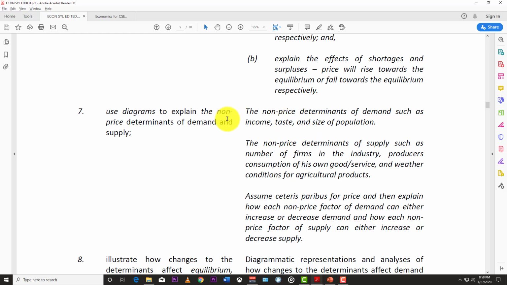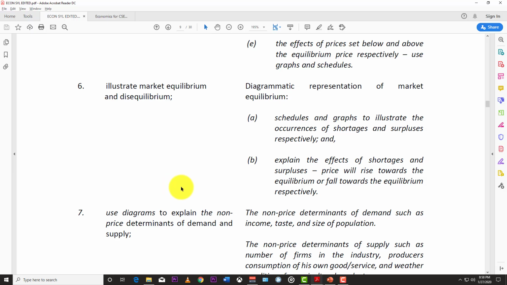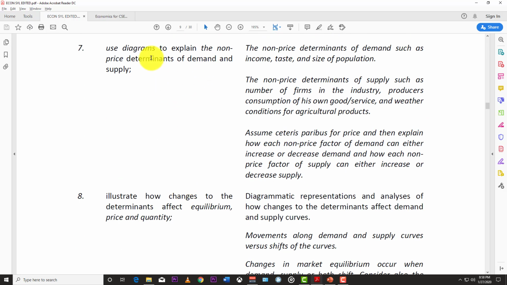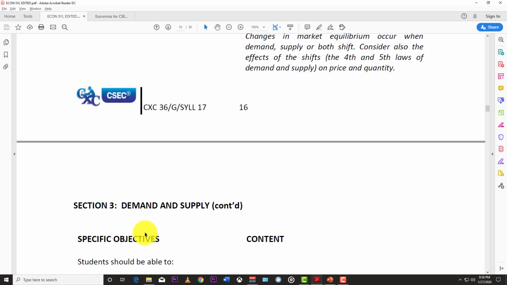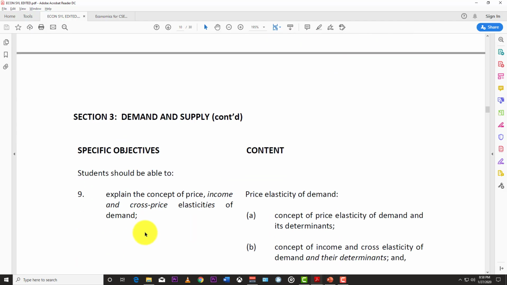So objective 7 has already been completed. We looked at that when we looked at demand and supply separately and their determinants, and we illustrated the shifts in the various curves left and right. Also, they said to illustrate how changes to determinants affect equilibrium price and quantity. We are going to jump on that next time, so we can look at most of equilibrium next time.